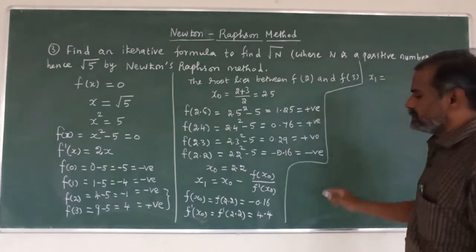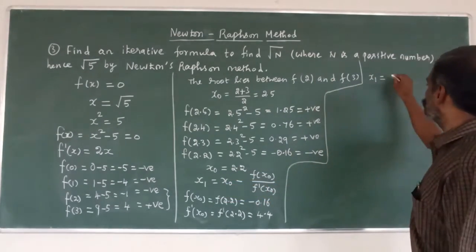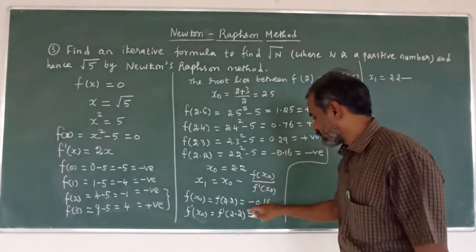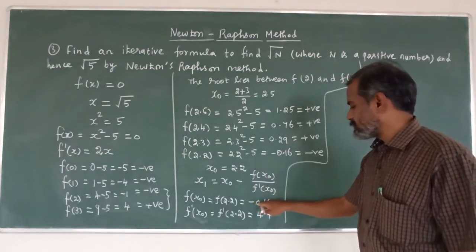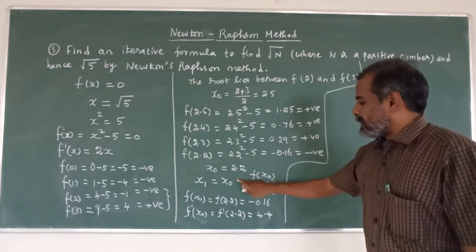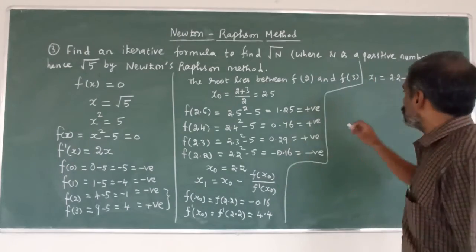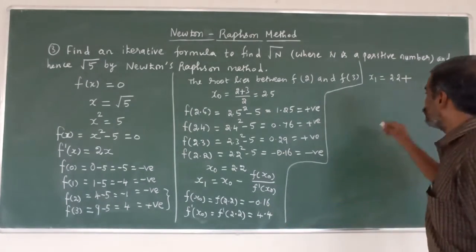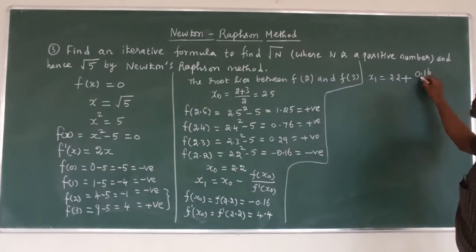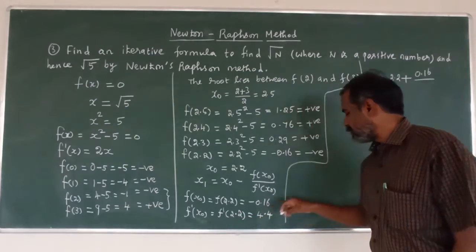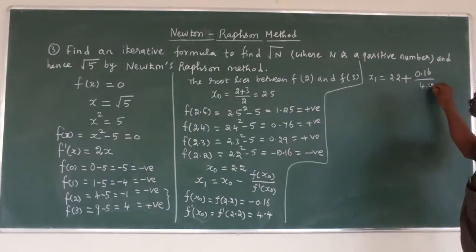This value substitute here: x1 equal to x naught value 2.2 minus f of x naught value, here minus 0.16. Now minus minus will be plus, 0.16 divided by f dash x naught value 4.4.